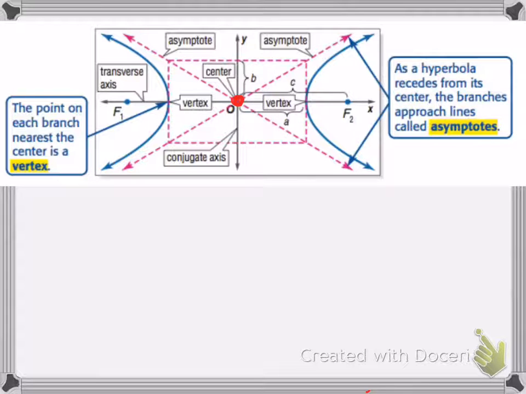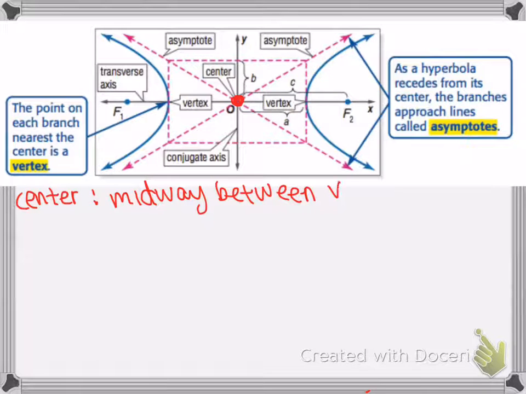I'll talk more about those terms in a second, but the center is midway between your vertices and the foci. So it's the same terms that we had with respect to parabolas.